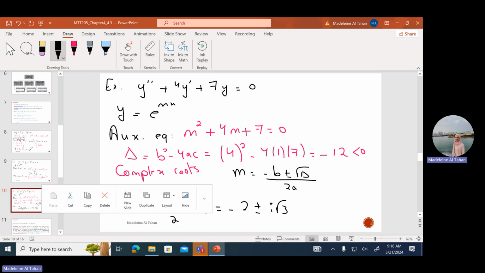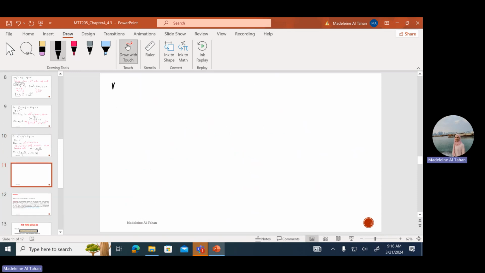Let's rewrite m here. This equals minus 2 plus or minus i radical 3. This one is alpha and this one is beta. This is the case of complex roots.